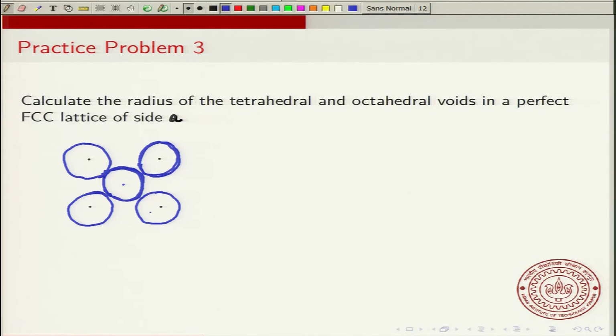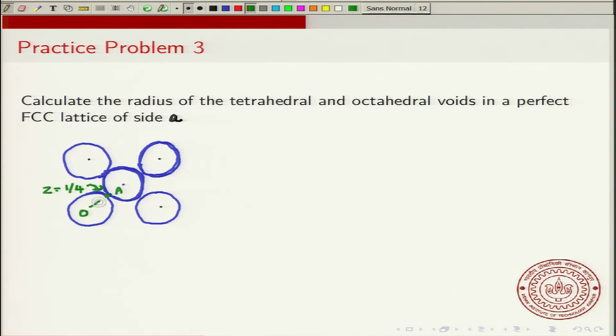Now you recall the tetrahedral void is located right here, at the coordinate x equal to 1 by 4, y equal to 1 by 4, z equal to 1 by 4. So that is the location of the tetrahedral void. You can ask, what is the distance of the tetrahedral void? Let me call this O A, where A is the location of the void.